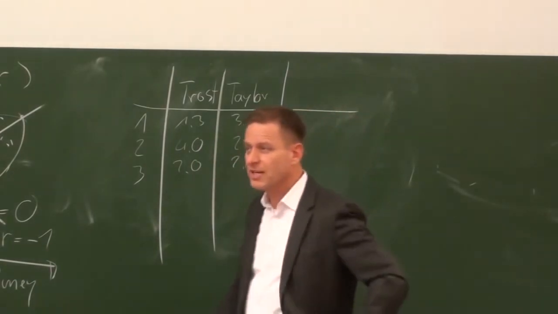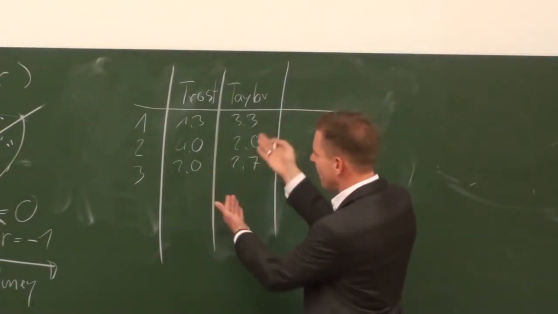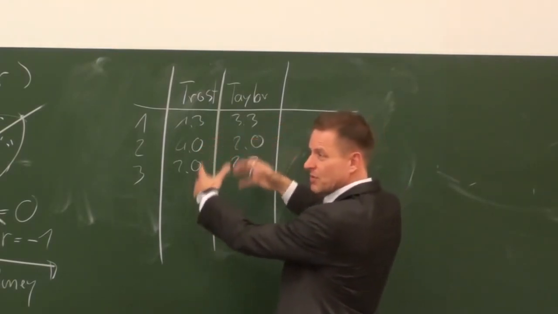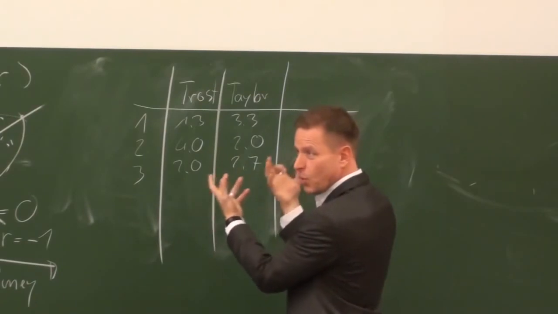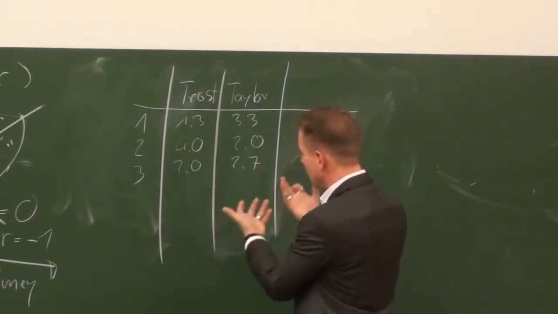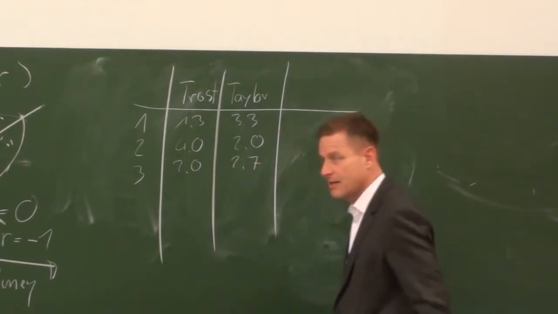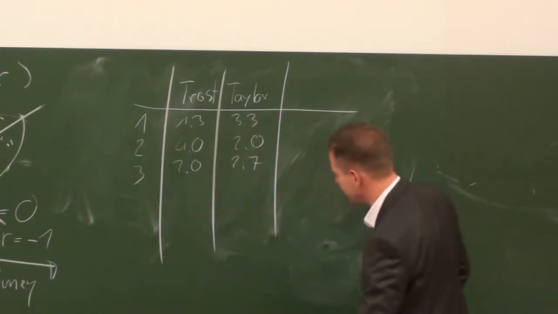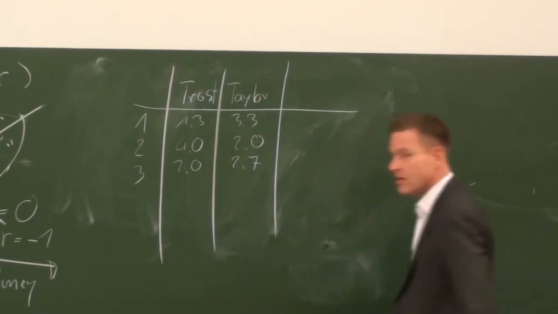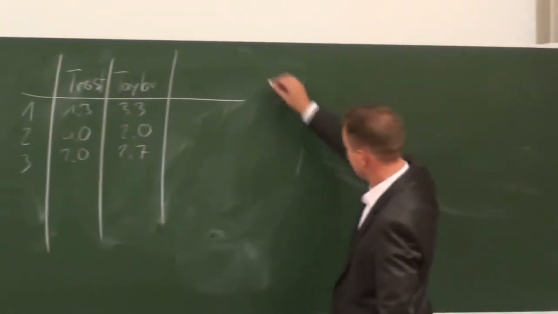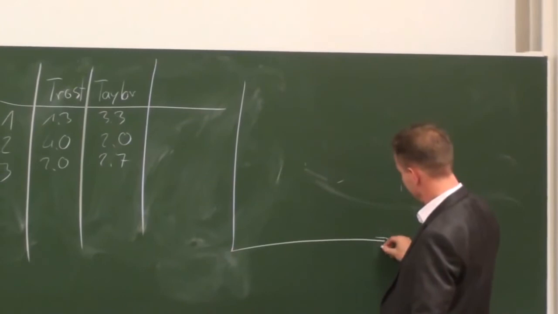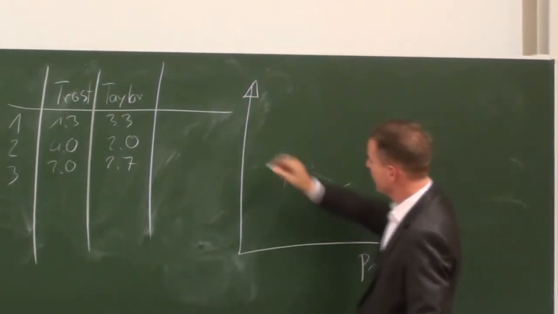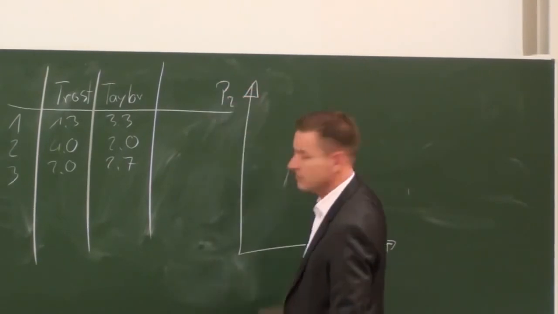Now, if you want to calculate whether or not two different people come to the same conclusion, if you really want to measure objectivity, how can we do this? Again, guess what? We use the correlation analysis. Here is person number 1, and here is person number 2.